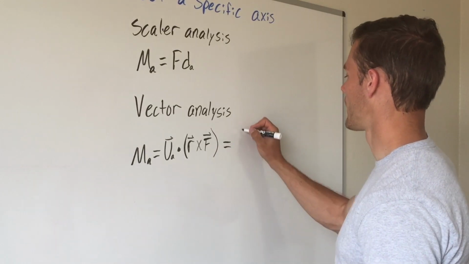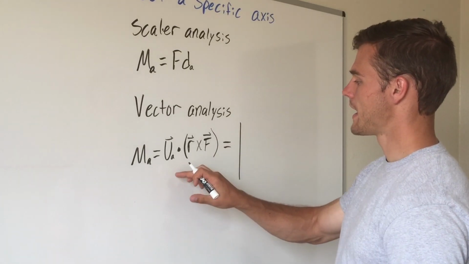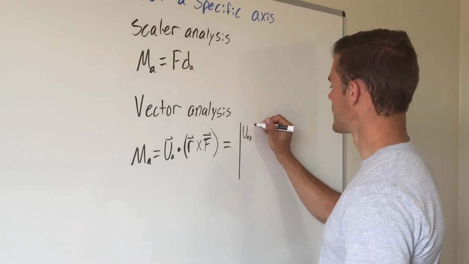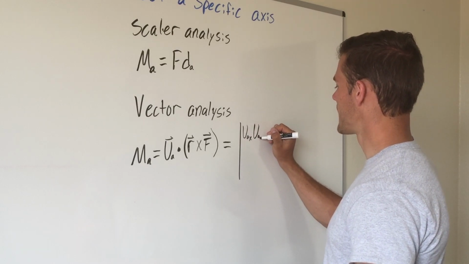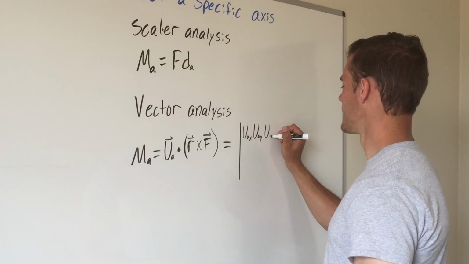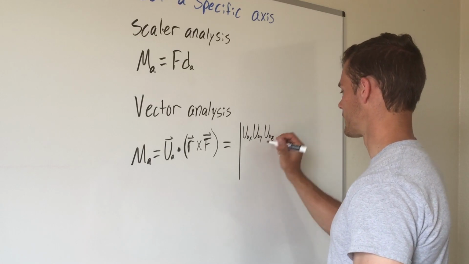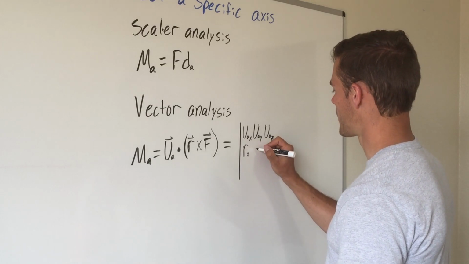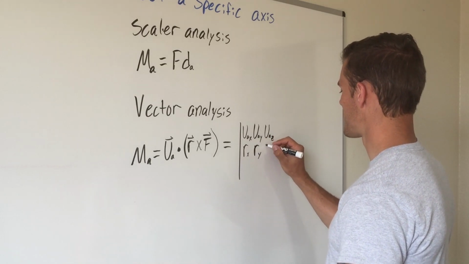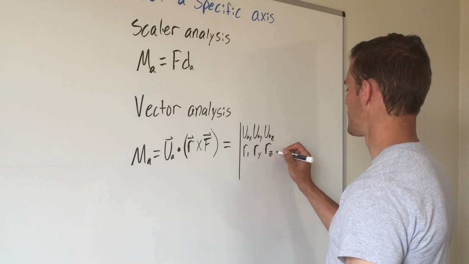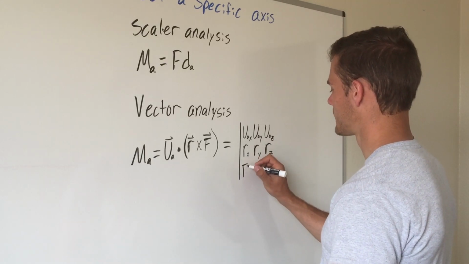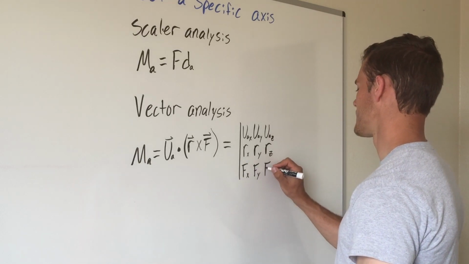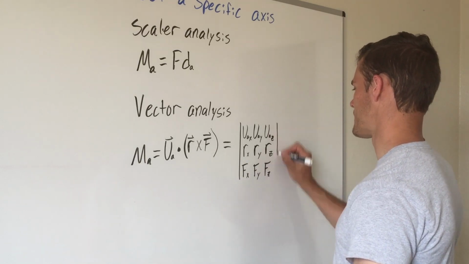And that can be written out in a 3x3 determinant as the x component of our unit vector, and our y component of our unit vector, and our z component of our unit vector, our x component of our moment arm, our y component of the moment arm, and our z component of the moment arm, and our x component of our force, the y component of our force, and the z component of our force.